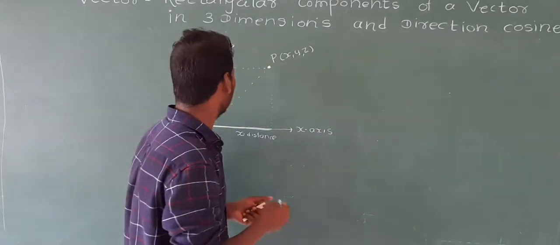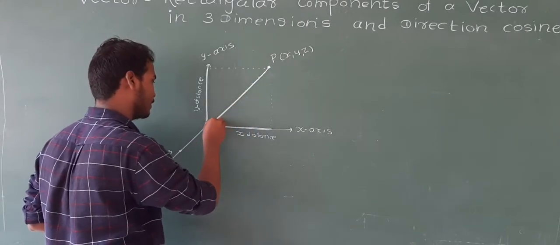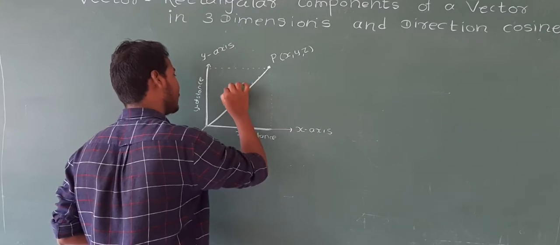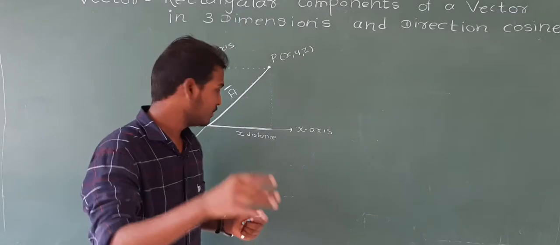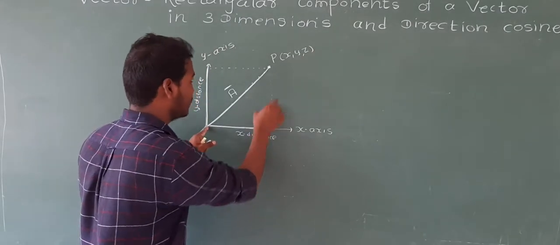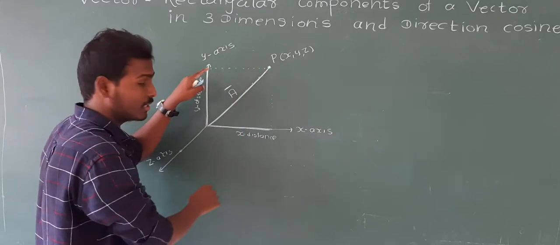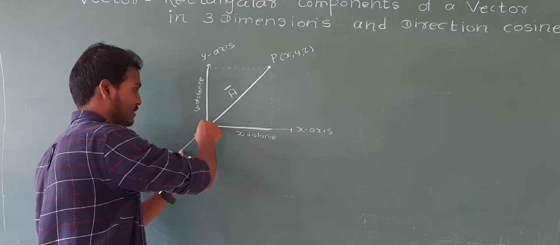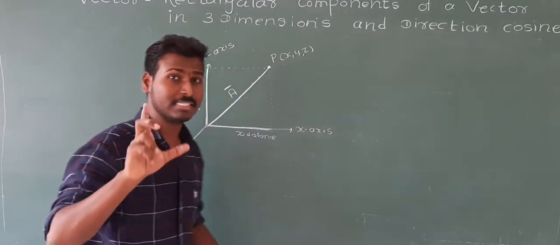So let's say this is a vector A bar. Again, this much distance point P has covered on the x axis and on the y axis. Similarly this much distance point P has covered on the z axis. You can see it in three dimensions.